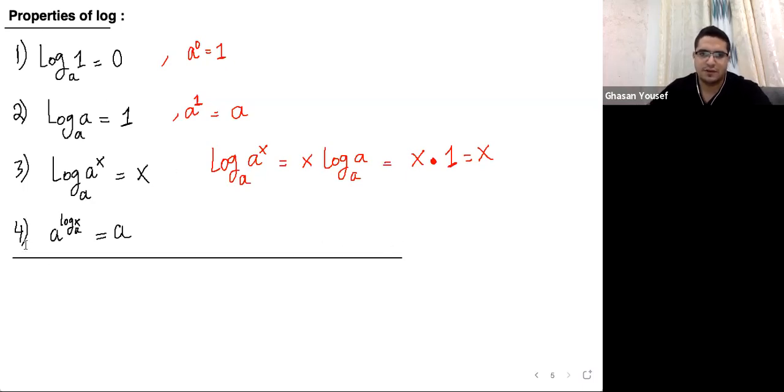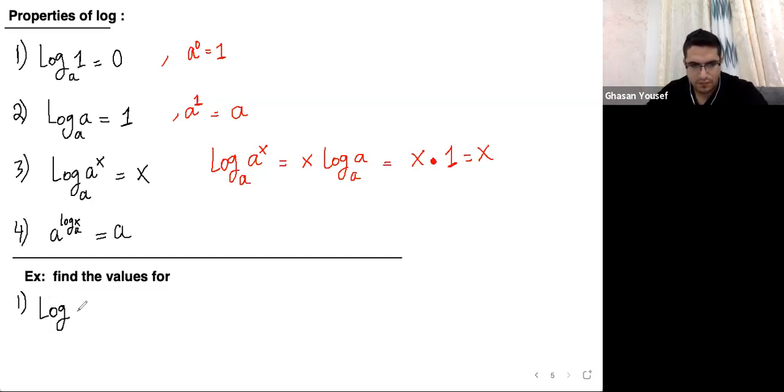So example number 1, we have some examples. Find the values for number 1: the logarithm of 5 to the power 6, with base 5.